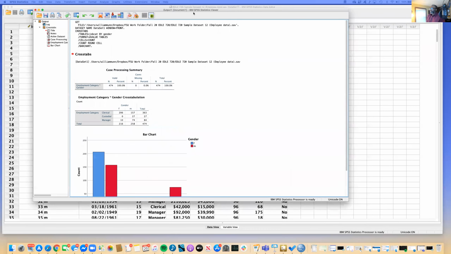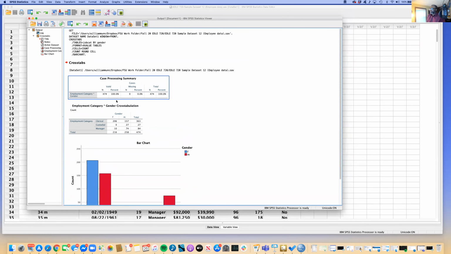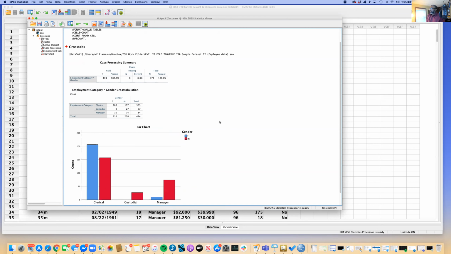All right. So what we see here is we have our descriptive statistics and our crosstabs. Will someone volunteer to summarize these data for us? Taking a look at the case processing summary here, who can read that for me?